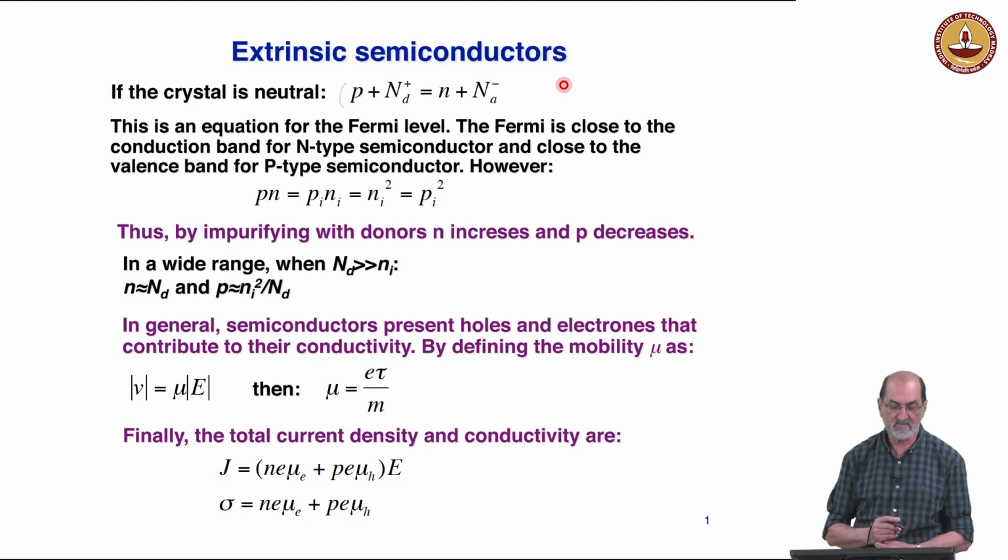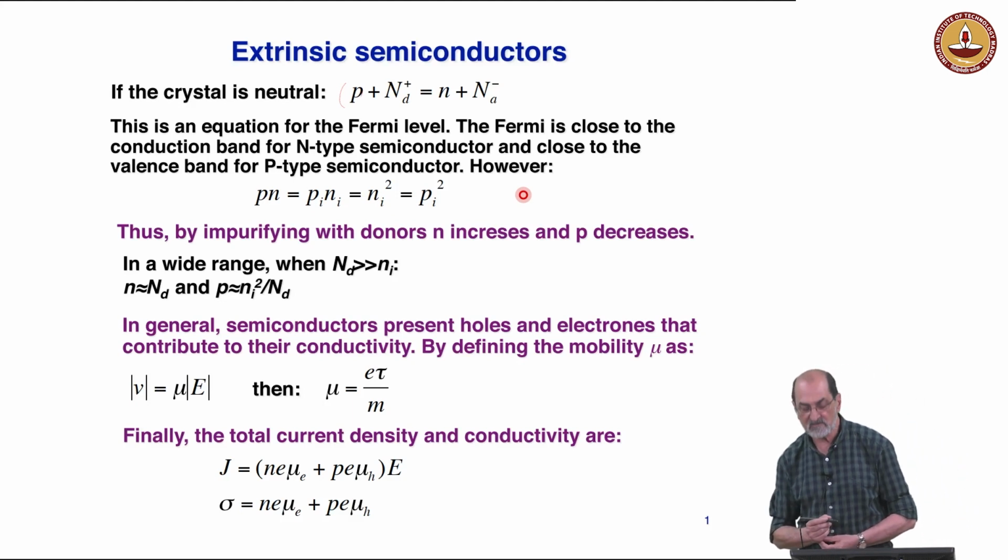And in the case of p-type semiconductors, the Fermi level is going to be close to the valence band. However, this condition is always satisfied: the product of p times n, the density of holes and electrons, is constant.